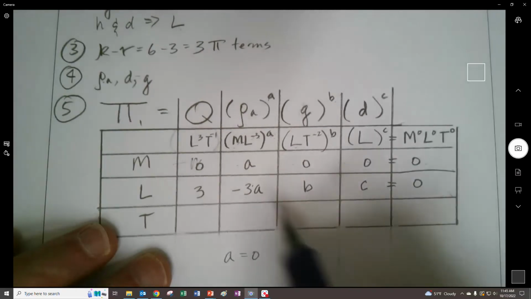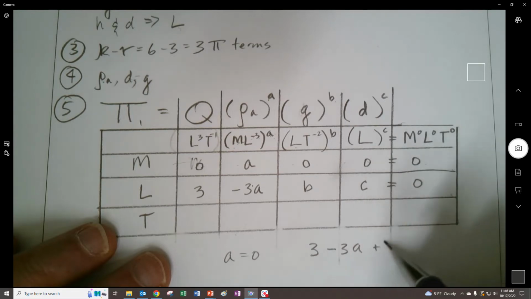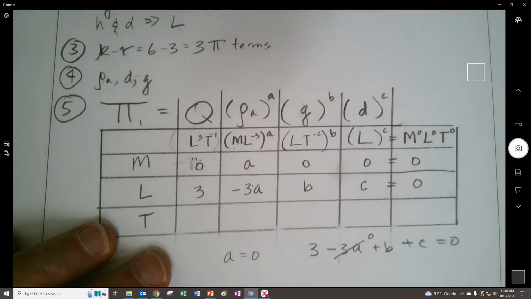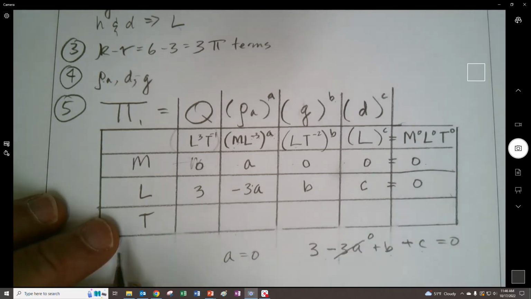So we could write out our equation here. We're going to say that 3 minus 3A plus B plus C is equal to 0. But we already knew that A is equal to 0. So we have an equation that says 3 plus B plus C is equal to 0. We still don't know. So let's hope that whatever happens here is going to be able to resolve and get us the C so we can find out the B.